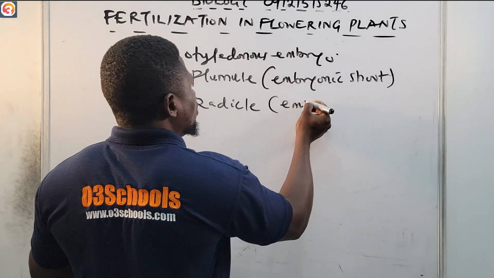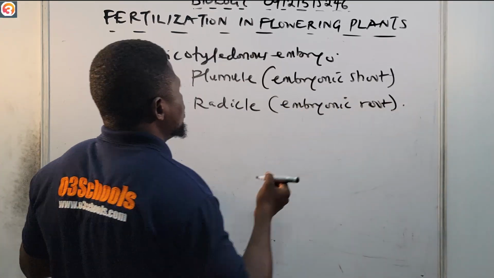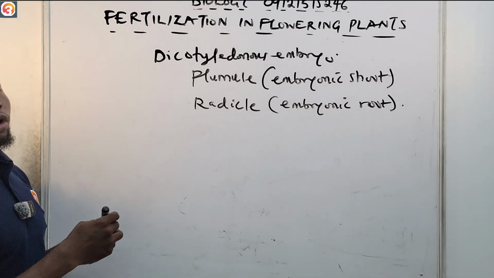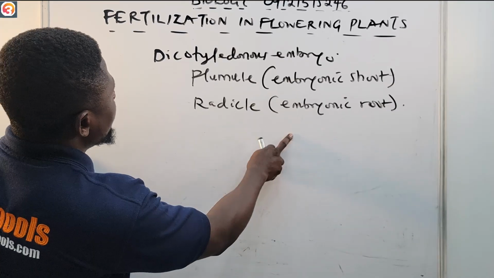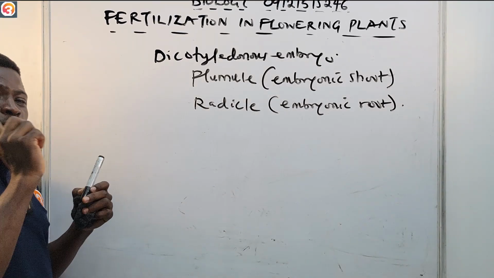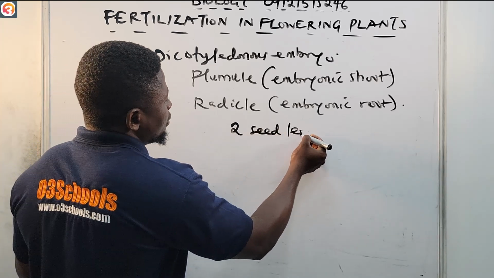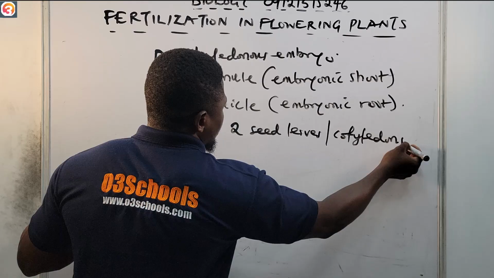A radicle is also called the embryonic root. So a dicotyledonous embryo will develop into a plumule, the embryonic shoot, and a radicle, the embryonic root, having two seed leaves or cotyledons.